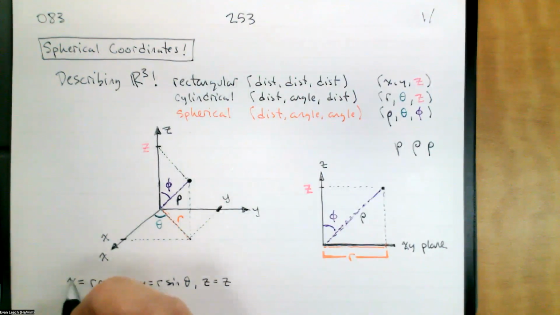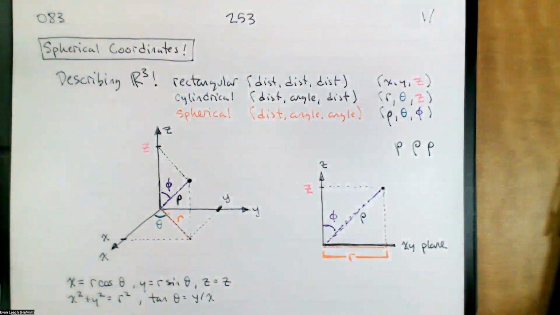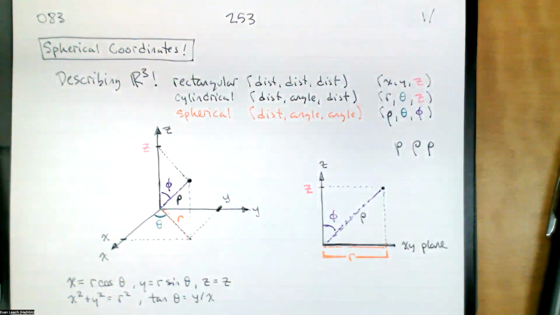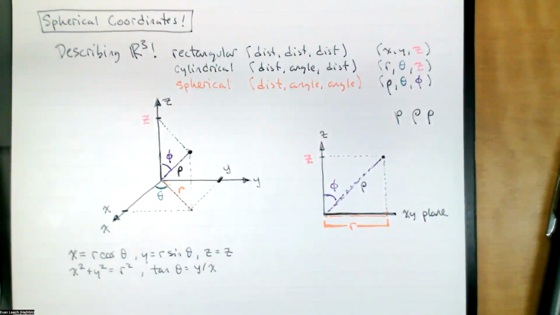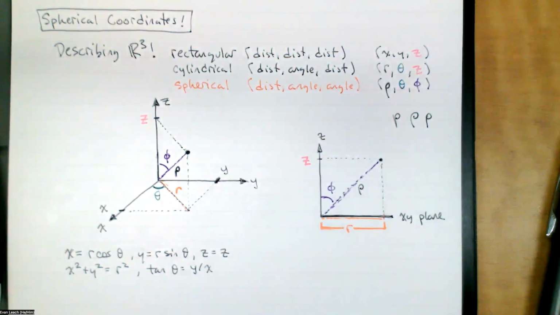We know the relationship between x and y is that x squared plus y squared is equal to r squared. And we also know that the tangent of theta is y over x. This is just what we remember from the relationship between rectangular and polar coordinates. But now we need to figure out how to get back and forth between rho, theta, and phi.